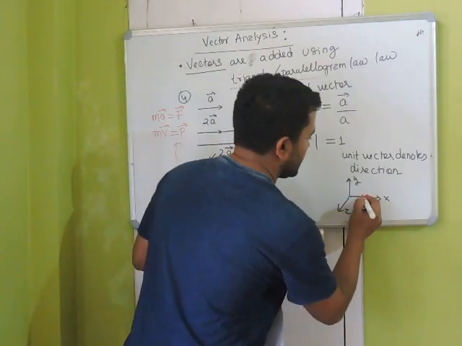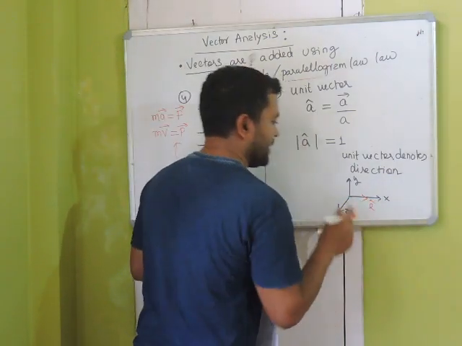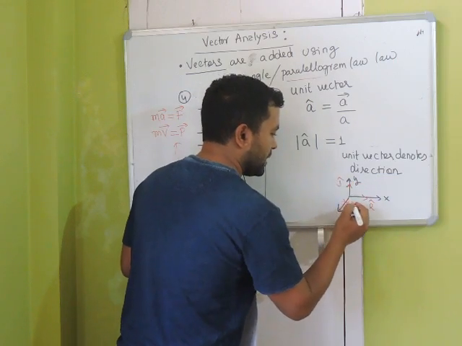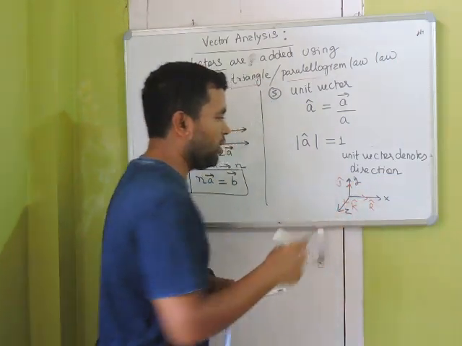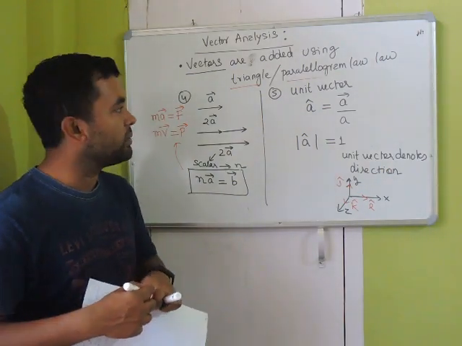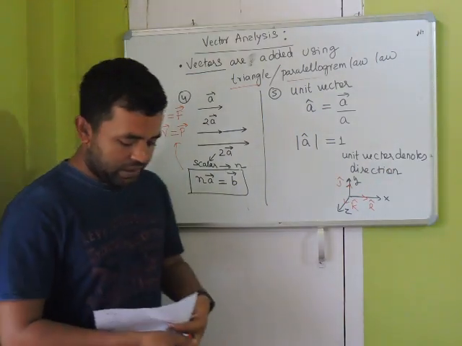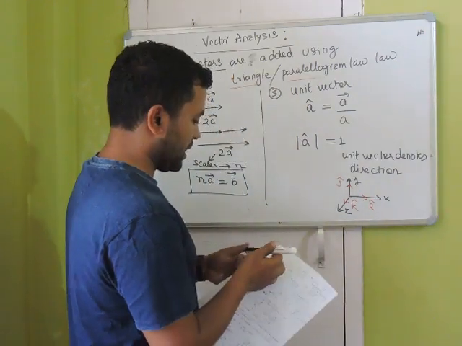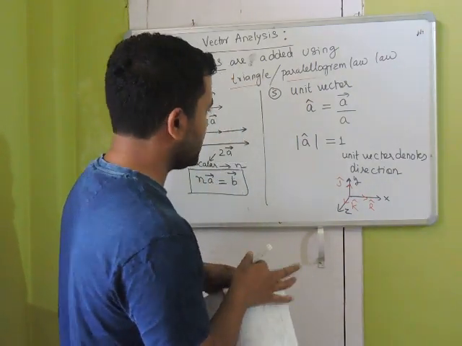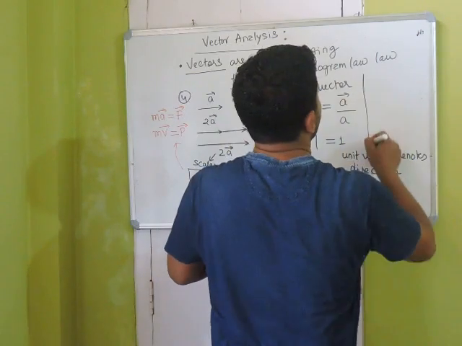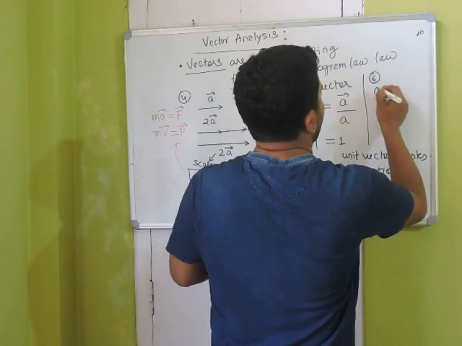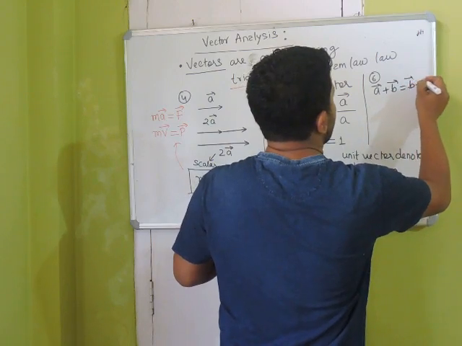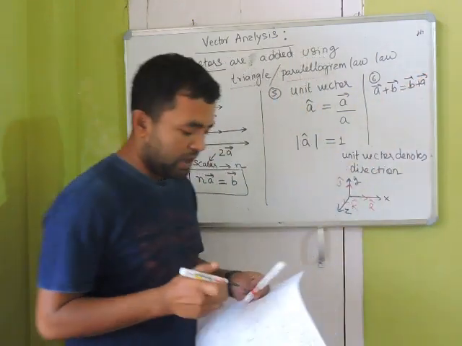We'll introduce I cap along X, J cap along Y, and K cap unit vector along Z. Okay, now coming back to commutative thing. Sixth point I can put is vector addition A plus B is equal to B plus A. This is commutative.